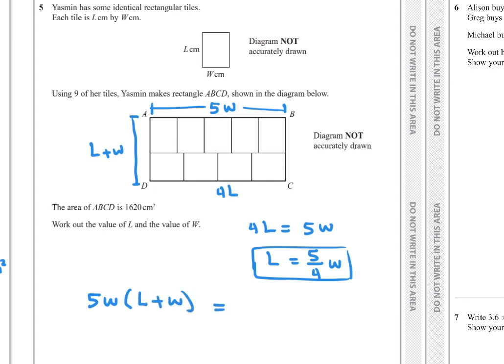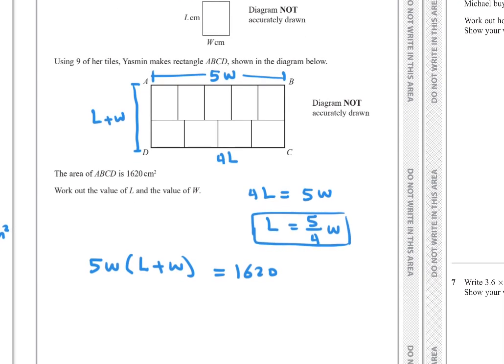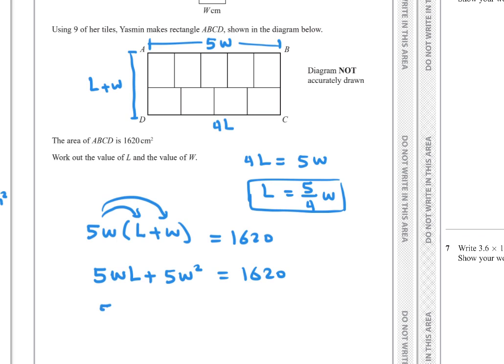This is the area, equals 1620. Now simplify. So 5WL plus 5W squared equals 1620. Now we know that L is 5 over 4 W. Substitute. So 5W times L, which is 5 over 4 W, plus 5W squared equals 1620.